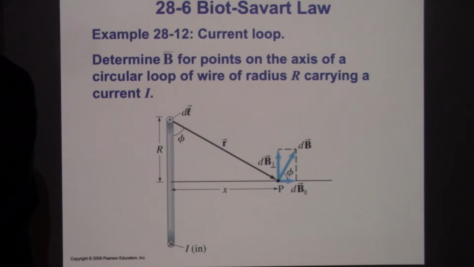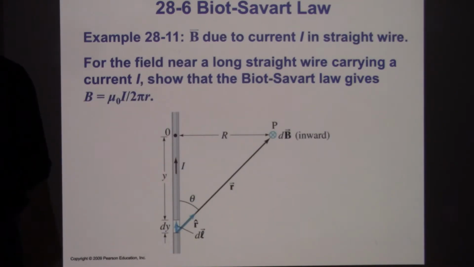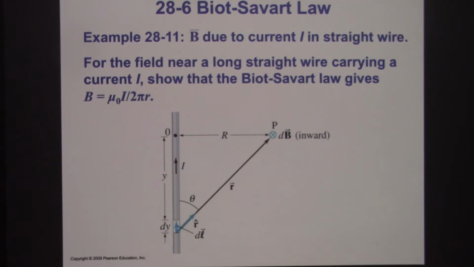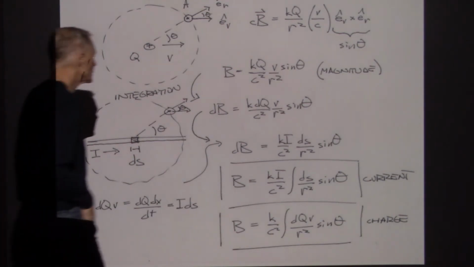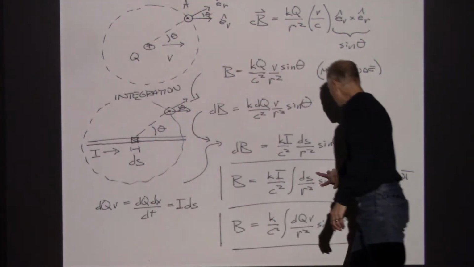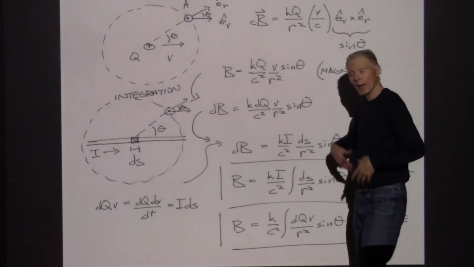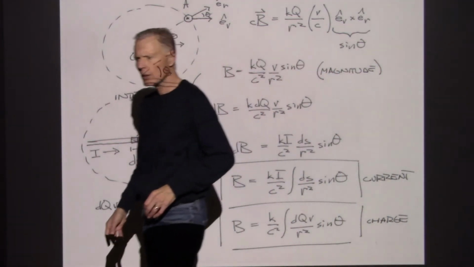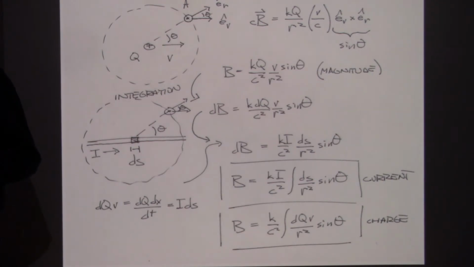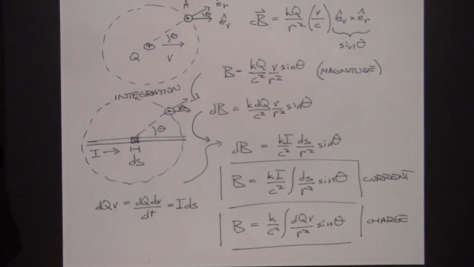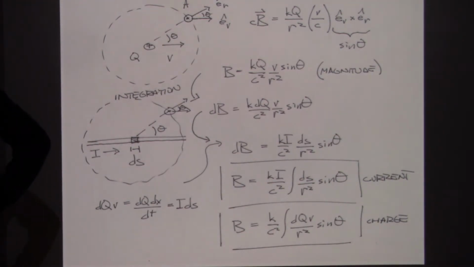Here's another example. This example that they used was for the long straight wire. Now, what do you think we get as a formula if we carry out this integration, assuming that the wire is very, very long? We're going to end up with the very same formula that we used from Ampere's law. So this direct integration approach works, it will give us the same formula that Ampere's law does.